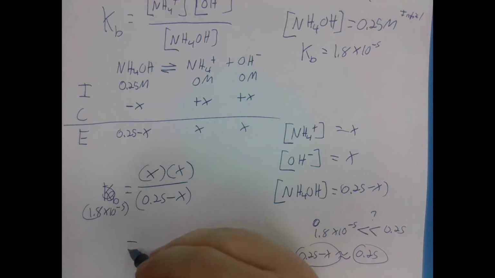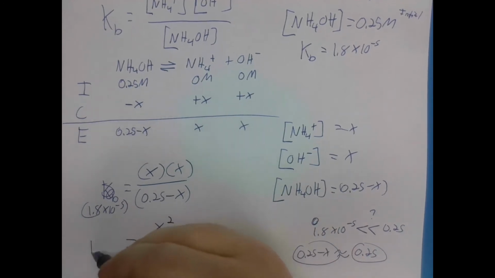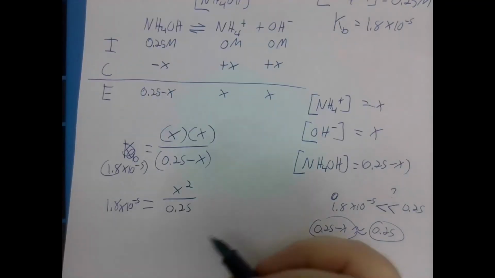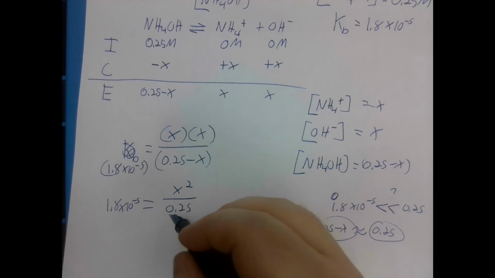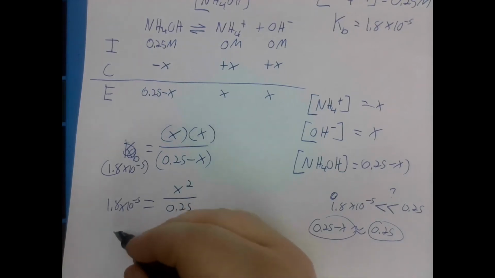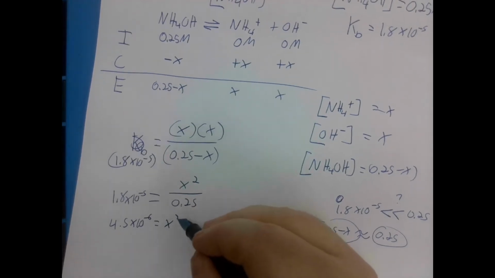If you approximate, that's X squared divided by 0.25. Then just solve for X. Multiplying across, 4.5 times 10 to the negative 6 is equal to X squared.